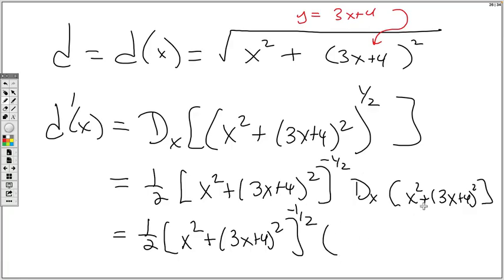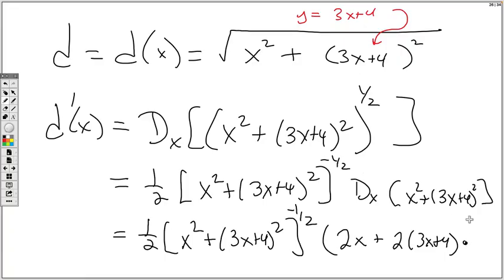And let's see, what's the derivative of x squared? 2x. What's the derivative of something squared? It'd be 2 times that thing to the first times the derivative of that thing.